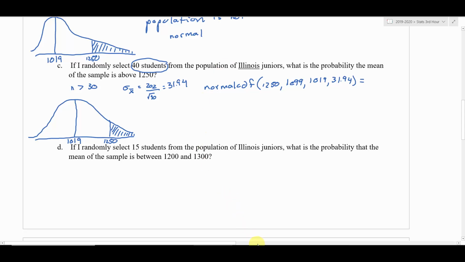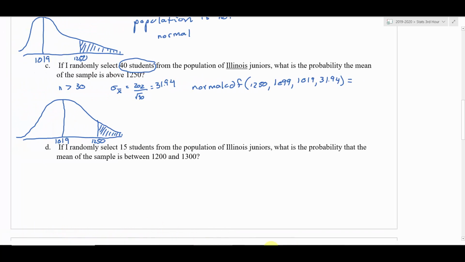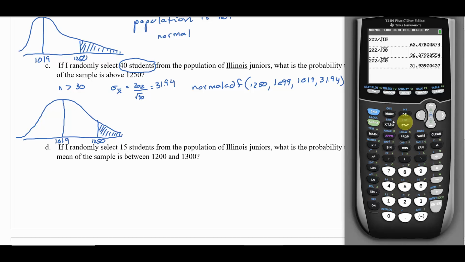So I'm going to go to my calculator, and I'm going to run that normal CDF. So I'm going to go second, vars, and normal CDF is option 2. And I'm going to tell it everything it wants to know. It wants to know the left limit, so 1250.